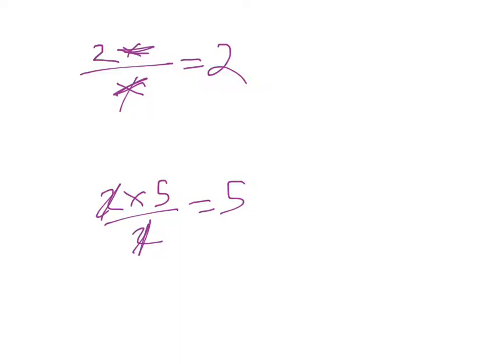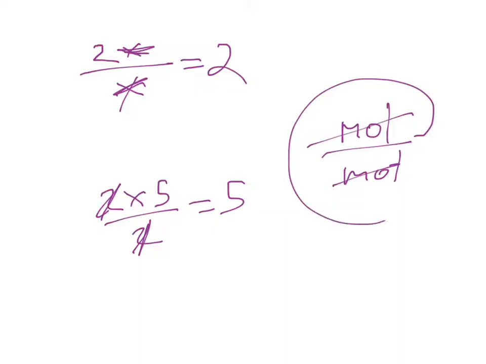And so the same thing is true with units. What if we have moles over moles? Well, if you have mole over mole, they cancel out. And what we're going to be really focusing on is this concept right here. When we are trying to convert between units, we're trying to cancel out those units.